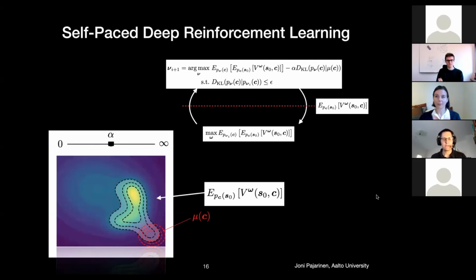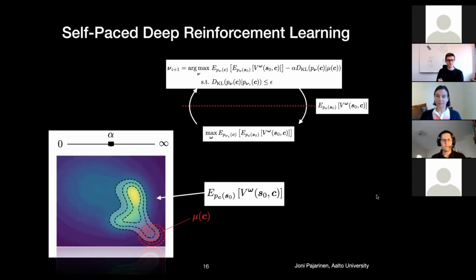Now, we have this nice animation here on the left bottom side. Here the contour shows the value function that you can get, and the dotted lines show the probability distributions. The red dotted line shows the desired context distribution, and the black dotted line shows the current context distribution.